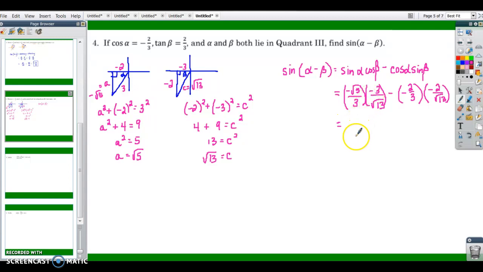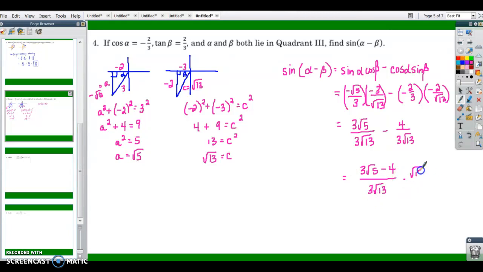Okay, so multiply my numerators together, I get 3 root 5 over 3 root 13 minus, a negative times a negative is positive, so this is going to be 4 over 3 root 13. So that gives me 3 root 5 minus 4 over 3 root 13.